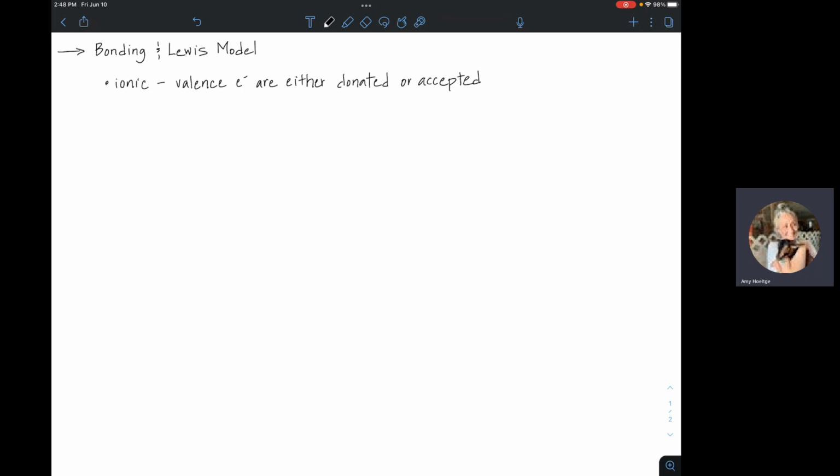So an example of this might be something like lithium fluoride or ammonium nitrate, something where you've got a positively charged species, a cation, and a negatively charged species, an anion.